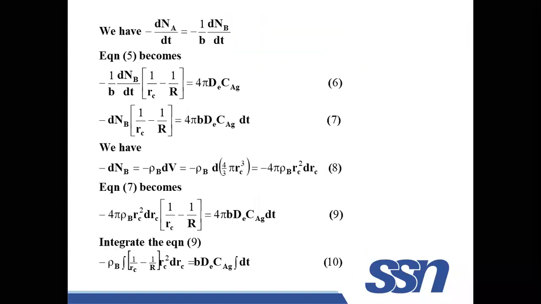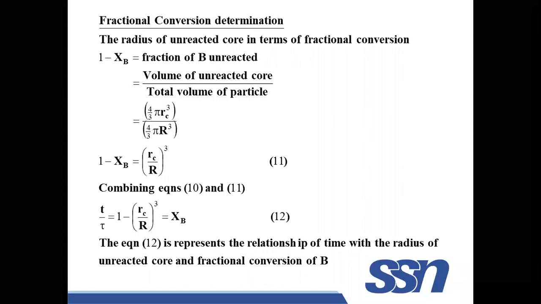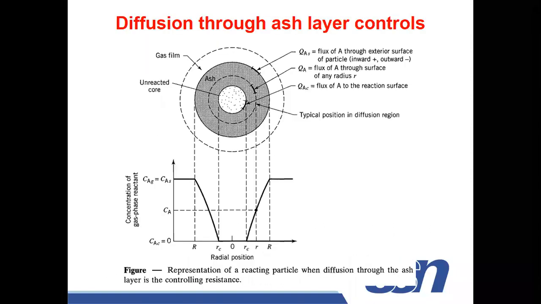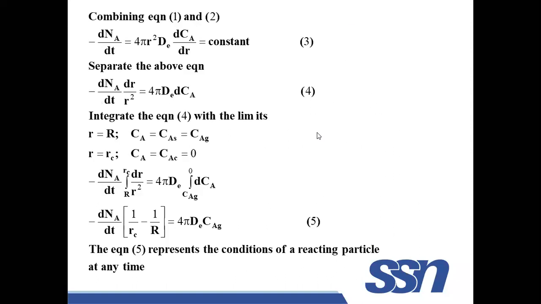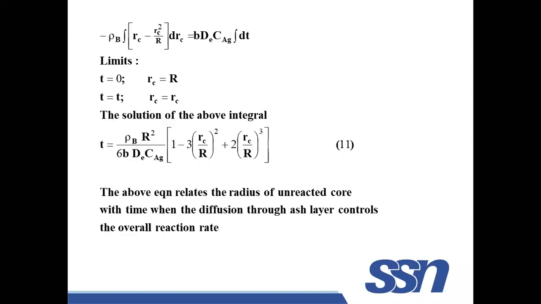So we'll start today's class. So we saw how, when the ash layer is controlling, the expression for the time for a particular conversion, as the radius is decreasing, is this particular thing, right?